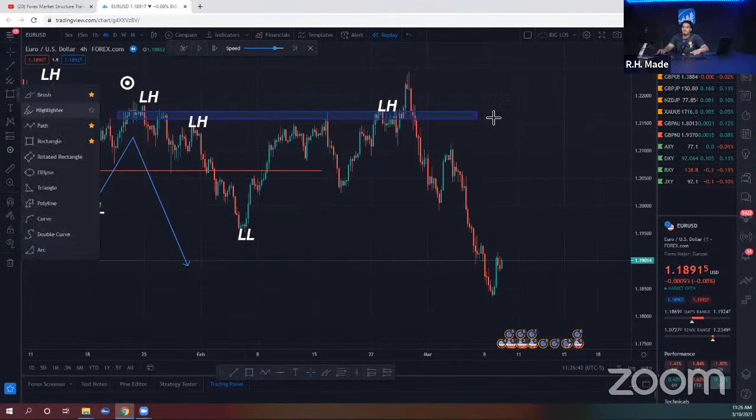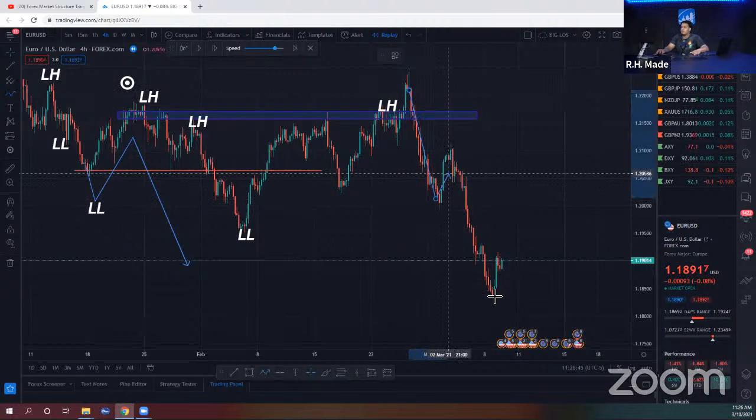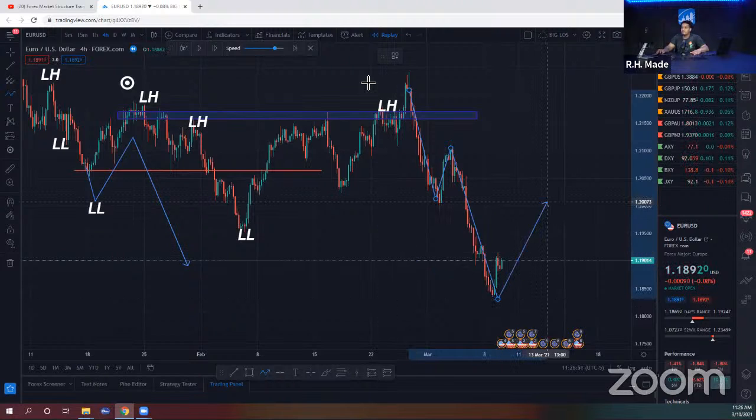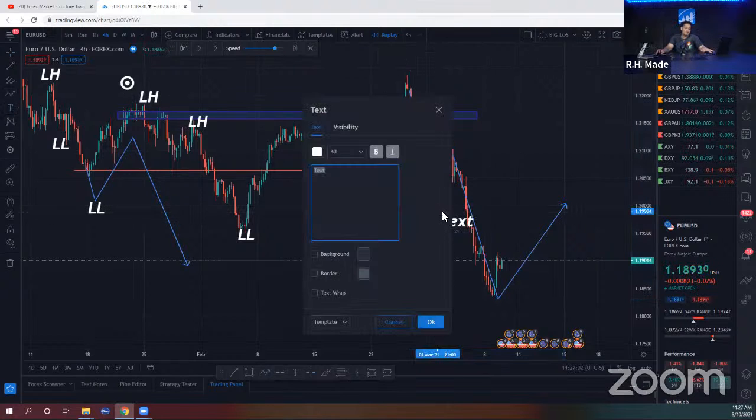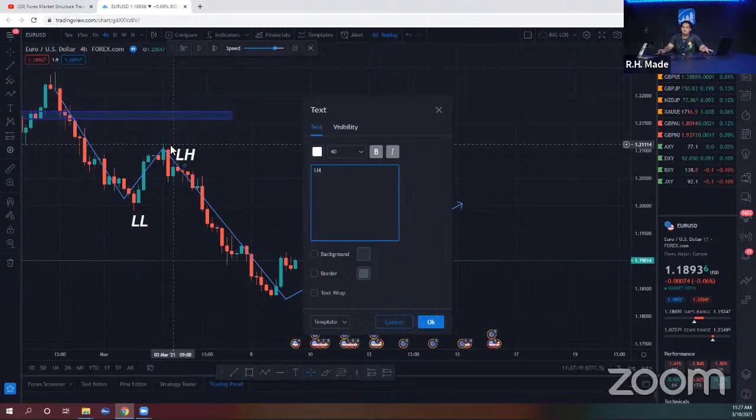But boom, we get a downtrend. Back to the downtrend for me. So we know we are going to wait for the retest of the lower low or the lower high.